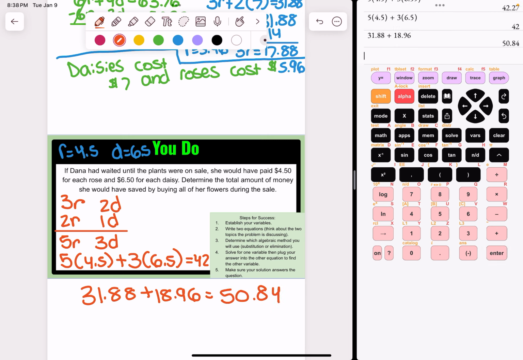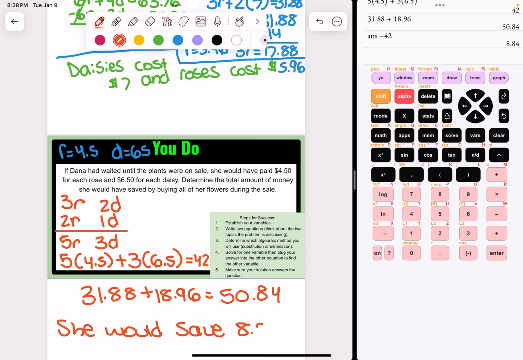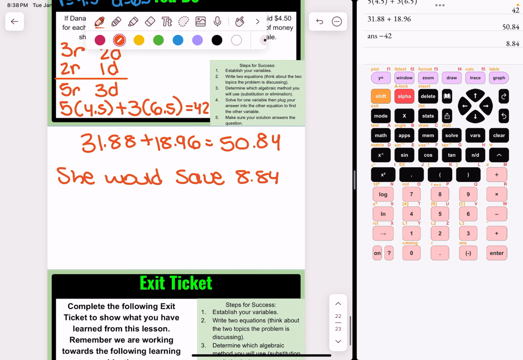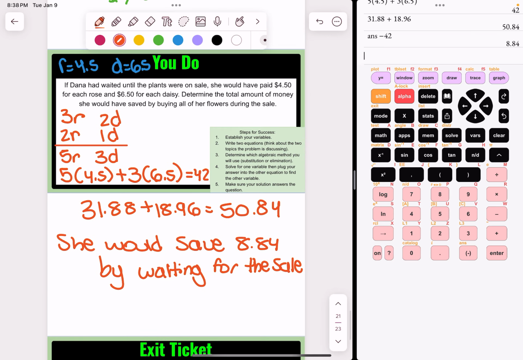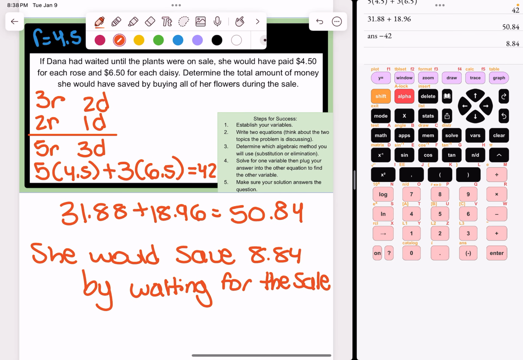So, determine the total amount of money she would save. Let's subtract that from the 42. She would save $8.84 by waiting for the sale. Beautiful. And that wraps up our lesson on word problems with systems of equations.